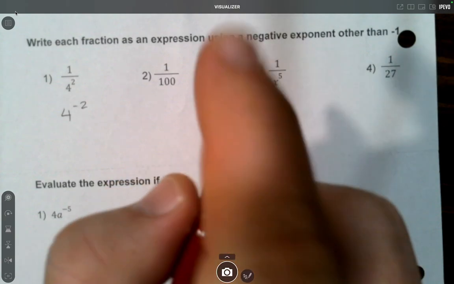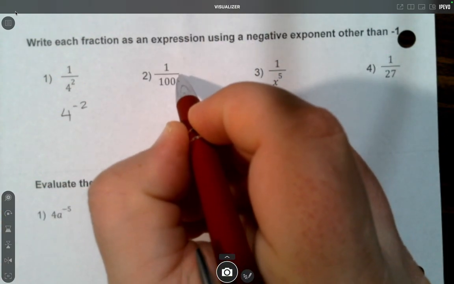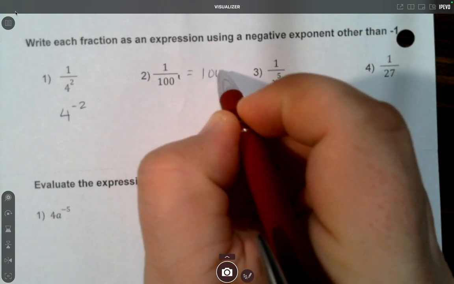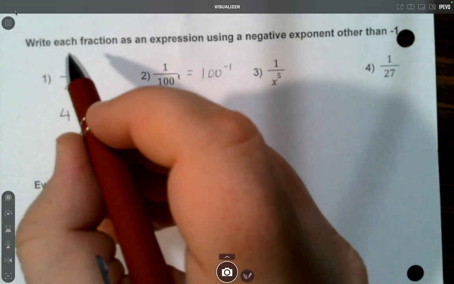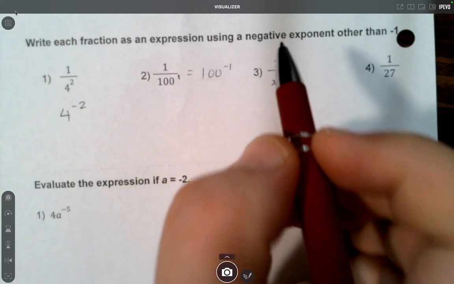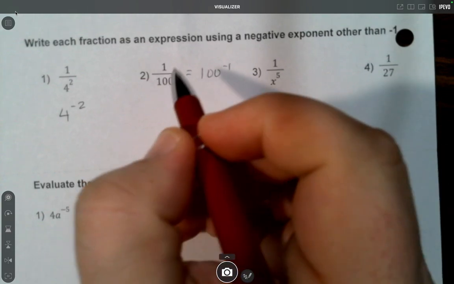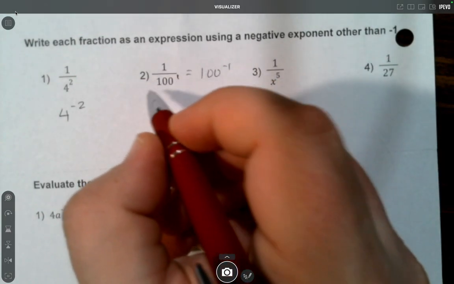Now, here's where we have to be careful with the directions. This is 100 to the first power. So it's not untrue to say this is equal to 100 raised to the negative first power. However, it says write each fraction as an expression using a negative exponent other than negative 1. So you got to think, all right, how can I write 100 as a power of something?